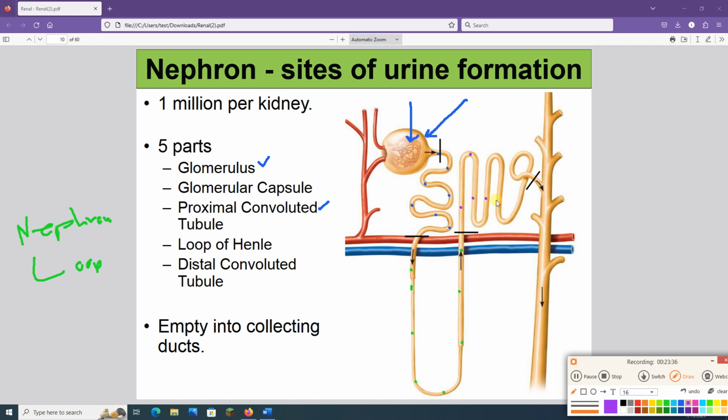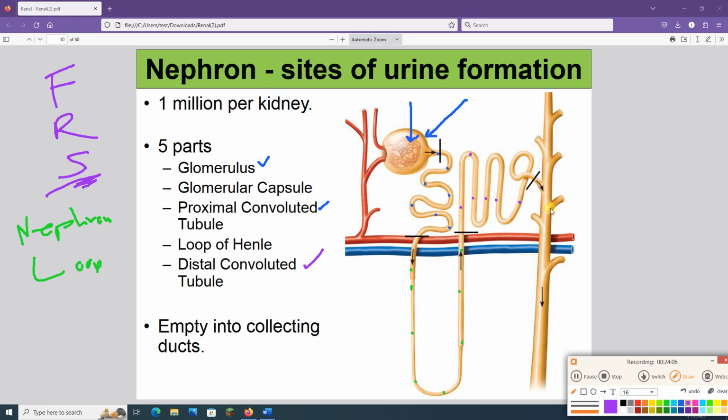That guy is called the distal convoluted tubule. And by the time we're done with all of these five structures, we've taken care of those three events: filtration, reabsorption, and secretion. And so we've made urine. By the time we get out of right here, we now have urine. We had plasma, filtrate, and by the time we get over here, urine.